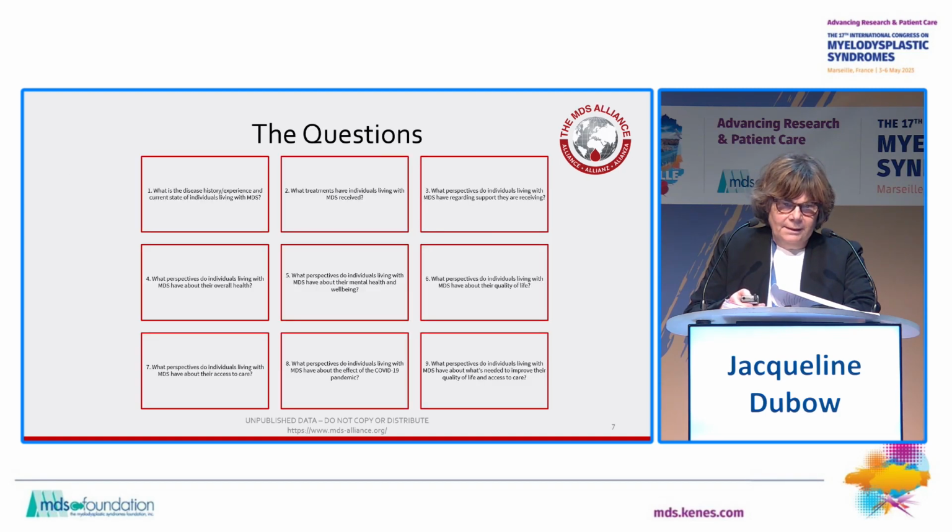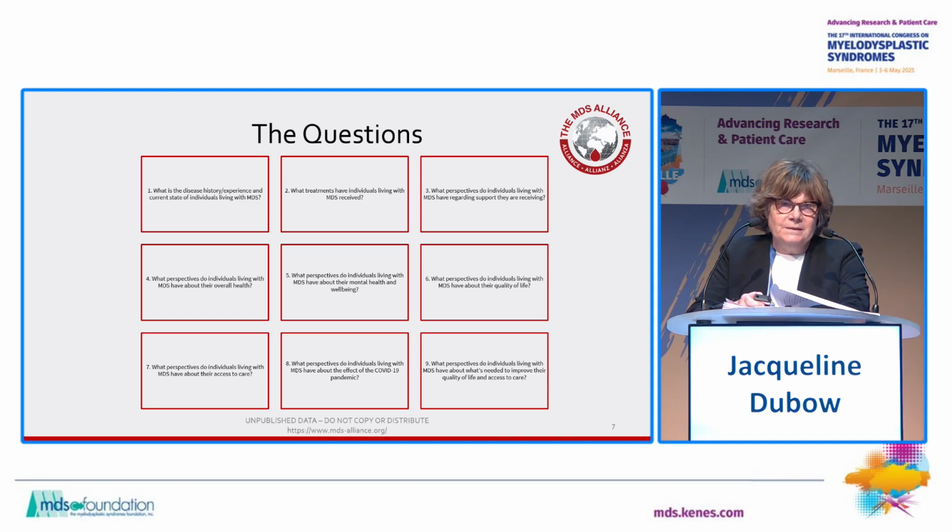So here you have the list of the different questions that were used. Just to be fair, we are the working group within our steering committee, and Sandy Kurtin was the PI of the study. So too bad that she's not here today.